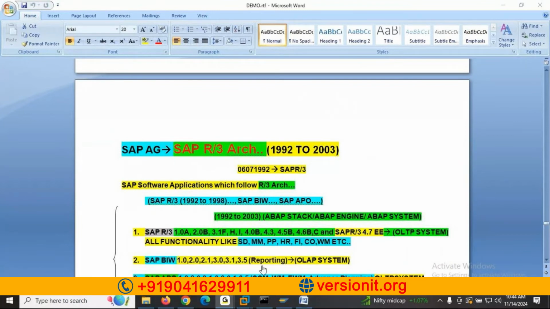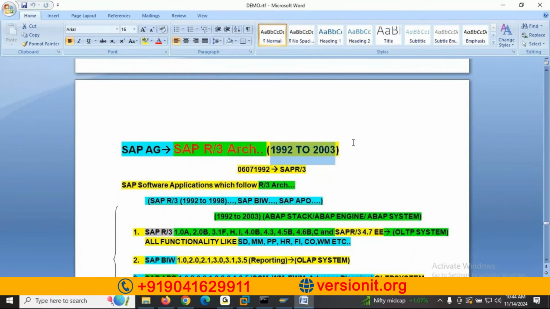So everyone is in sync, right guys, with what we are discussing about? Yesterday we made it very clear that today we are going to get into SAP software applications and their architecture. To start with, we are discussing the software released by SAP between 1992 and 2003.